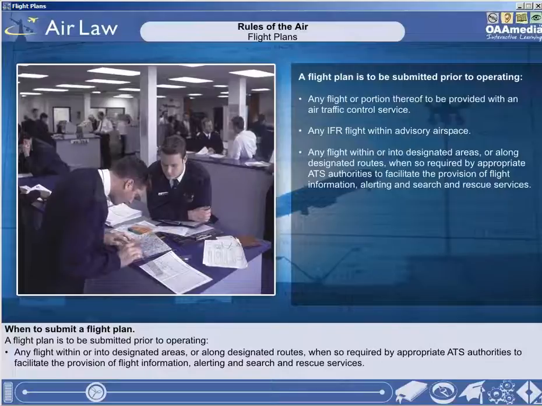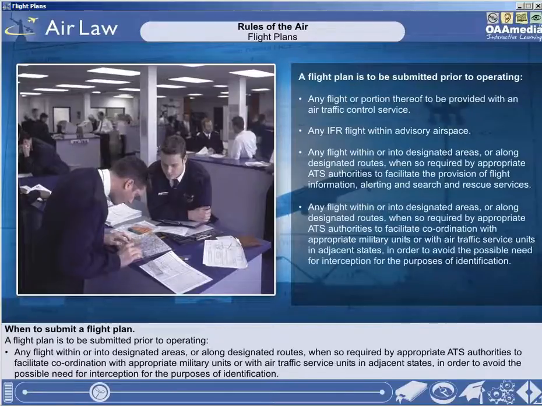along designated routes, when so required by appropriate ATS authorities to facilitate the provision of flight information, alerting, and search and rescue services, or any flight within or into designated areas or along designated routes, when so required by the appropriate ATS authority to facilitate coordination with appropriate military units or with air traffic service units in adjacent states, in order to avoid the possible need for interception for the purposes of identification.